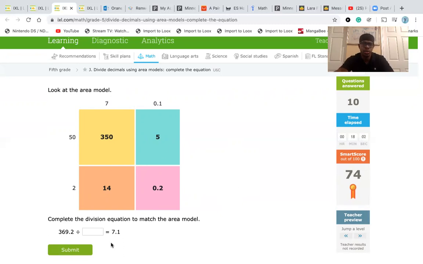But we know that 7.1 multiplied by something is going to give us 369.2. So 7.1 multiplied by 52 should give us 369.2.